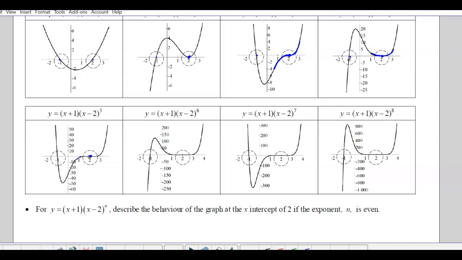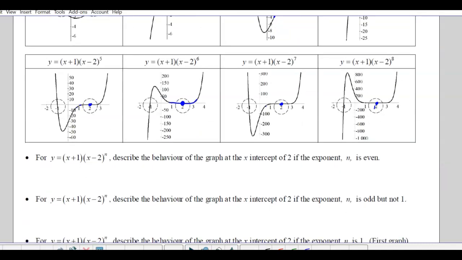Then degree 6, again, kind of a U shape, but really wide, has a tangent point. Degree 7, point of inflection again, even wider. Okay, if you take a look at the scale on these, you can really see the difference. And then here, again, degree 8 is that kind of U shape with the tangent. So there are some patterns here.